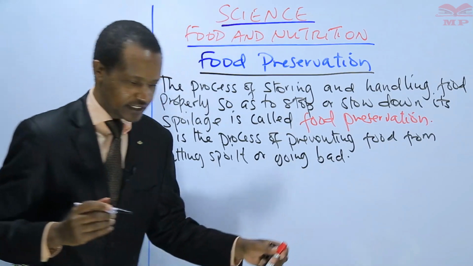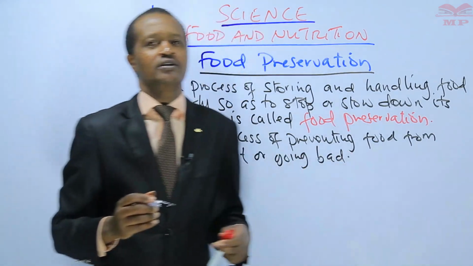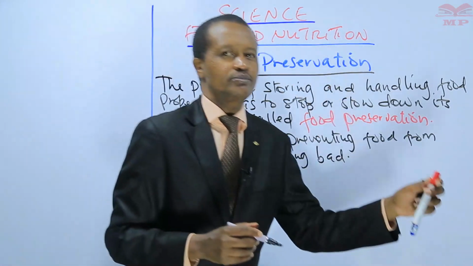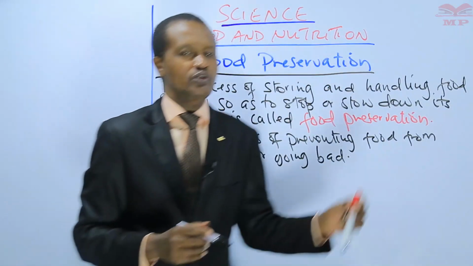Food that has gone bad is food that is rotten. It is food that has been attacked by germs, and that food is not good for consumption.